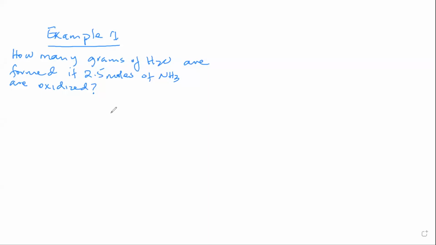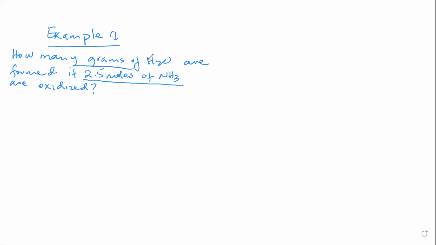In this example, we know 2.5 moles of ammonia. I also have to show the balanced equation. It's important.